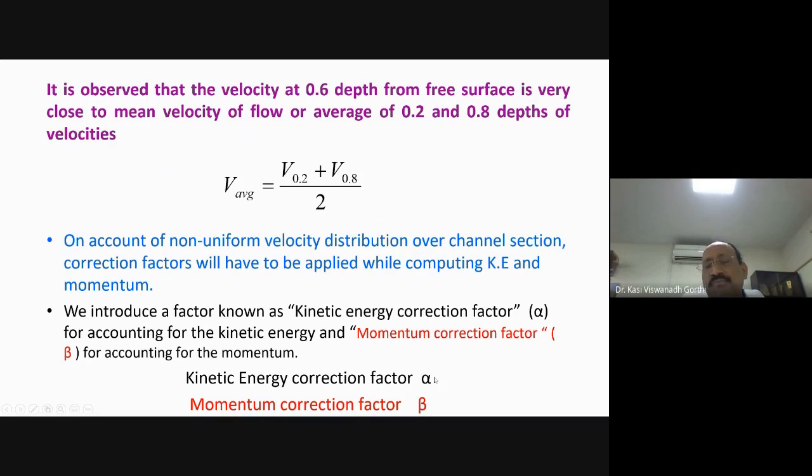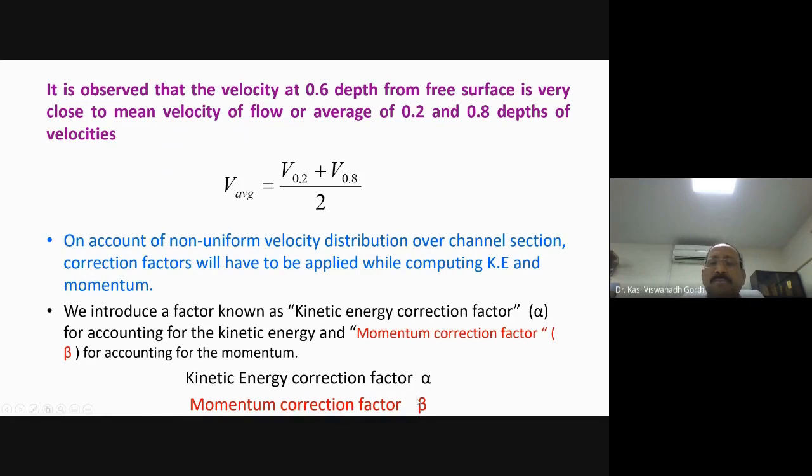These two will be applied while arriving at the actual kinetic energy and the actual momentum. If you calculate based on the average velocity, you will get some value of the kinetic energy. This should be multiplied with alpha, so that you get the corrected kinetic energy.